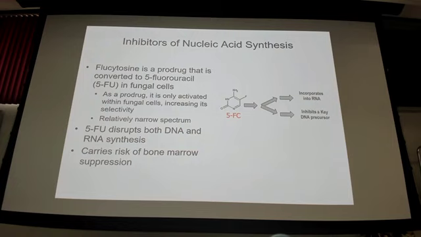There is a problem though, because it does such a good job of messing up DNA and RNA synthesis, it can impact rapidly dividing human cells as well. So this can cause issues in the bone marrow where you're trying to produce leukocytes and lymphocytes. So neutropenia, thrombocytopenia, leukopenia can all result if you're using this particular drug. So this too is one that you wouldn't use unless you absolutely had to for very severe fungal infections, like systemic fungal infections.